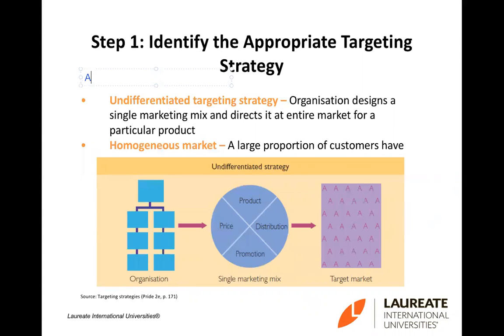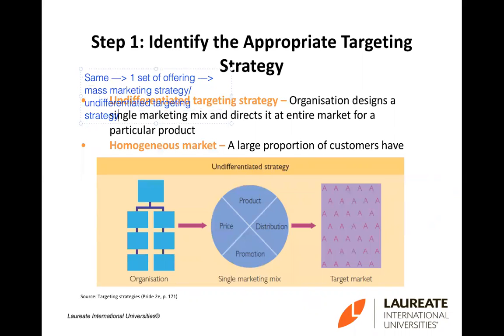Because the customers have been viewed as being the same, the organization only prepares one set of offering. That leads to what we call mass marketing strategy or undifferentiated targeting strategy. So that's the first perspective.